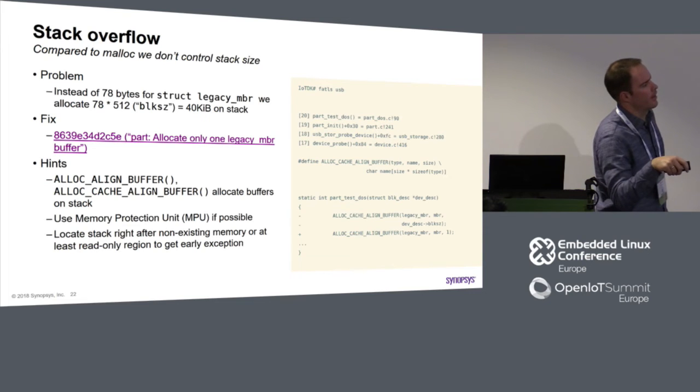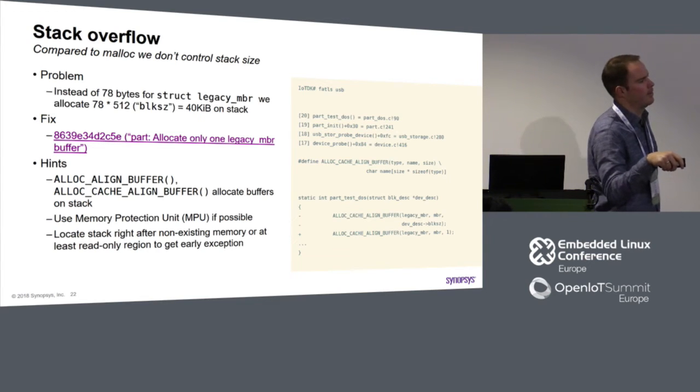if simplified, looks like that. What it does is allocate memory of the size of that structure multiplied by the amount provided here. And here the sector size is 512 bytes, and the count is 78. And if we multiply that, we get 40 kilobytes.